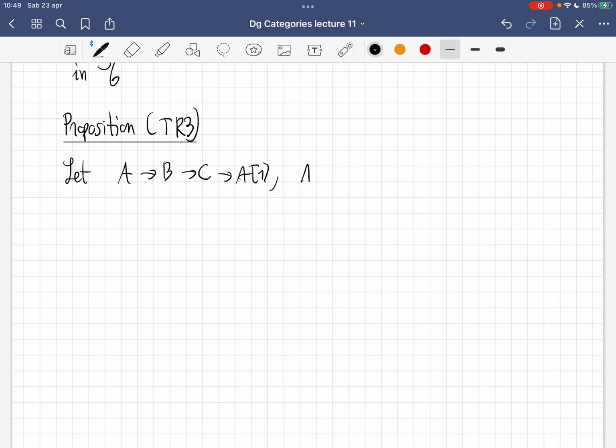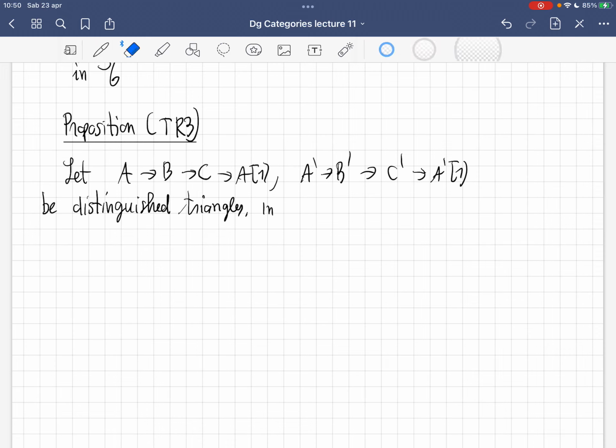No, sorry, that's wrong. A, B, C, A shifted by 1, and A prime, B prime, C prime, A prime shifted by 1. Let them be distinguished triangles in T, of course.